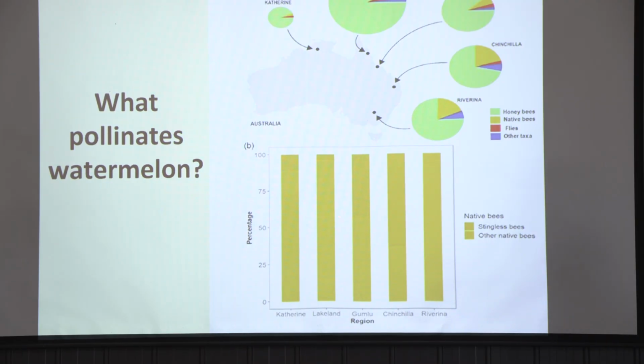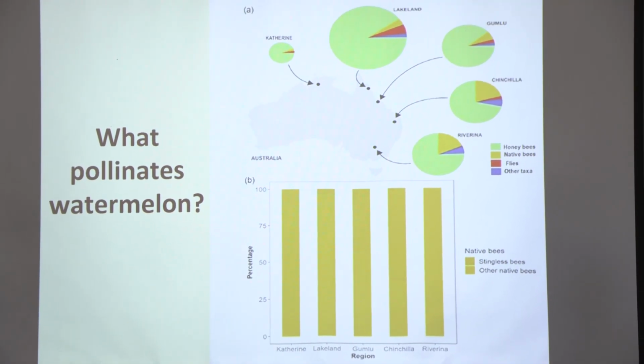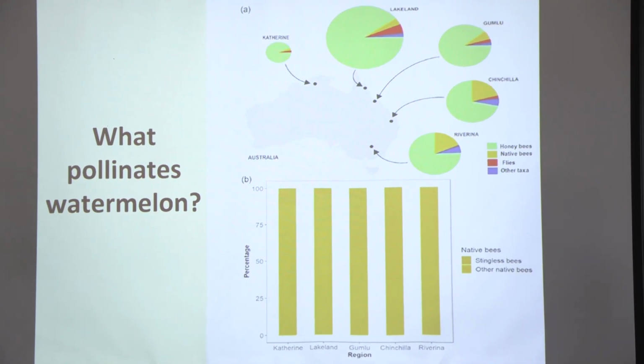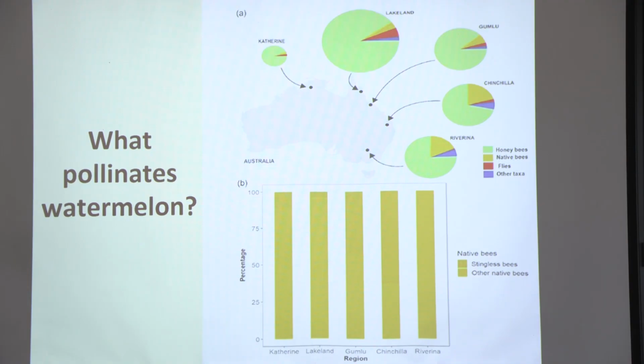But it's very hard to see. Whoever chose the colours for this graph, they need to work on their presentation skills. Can you make out there's a line there? Basically what it's showing is that up in the subtropical areas, the social stingless bees were doing it. Down in the more temperate areas, it was the solitary native bees that were doing it.